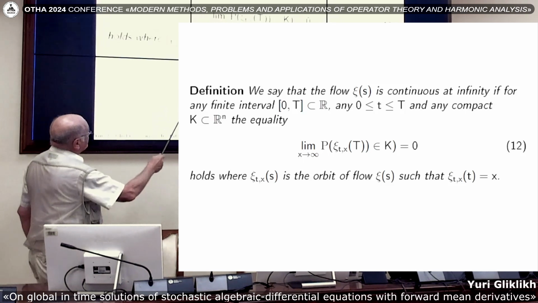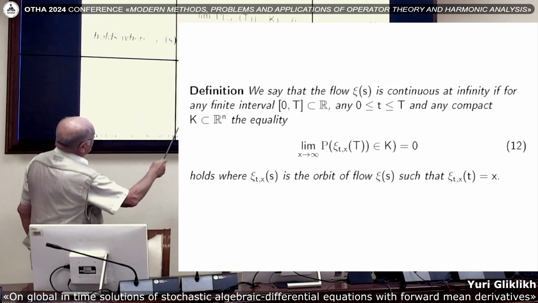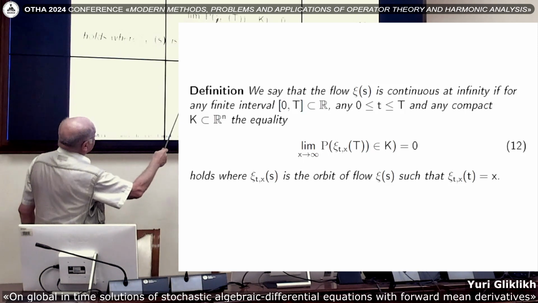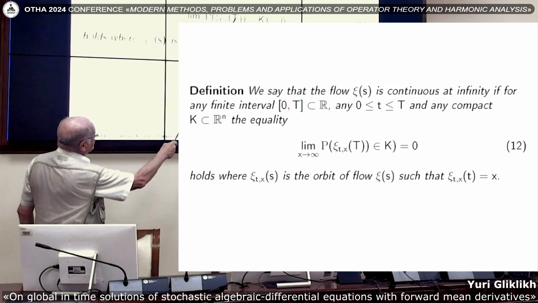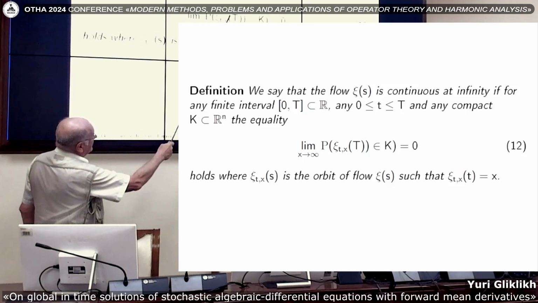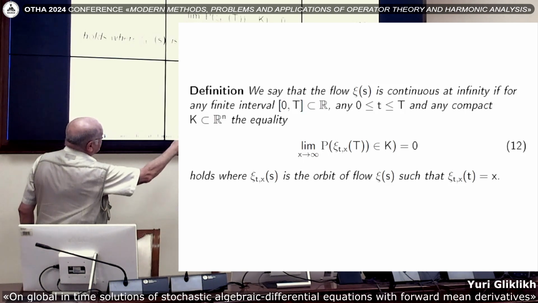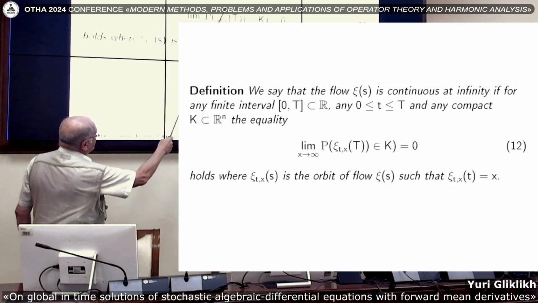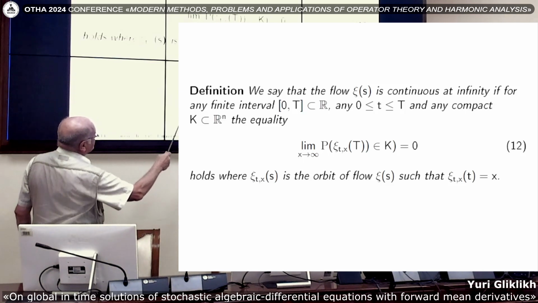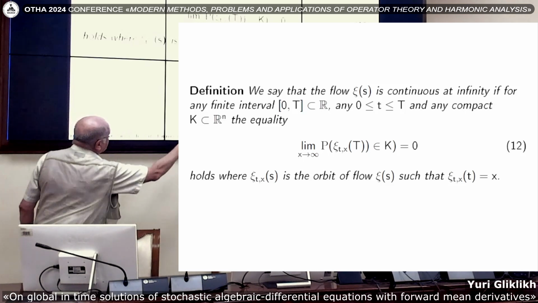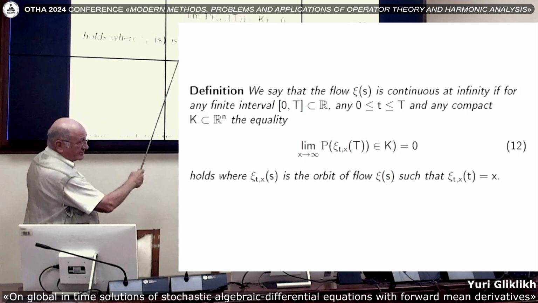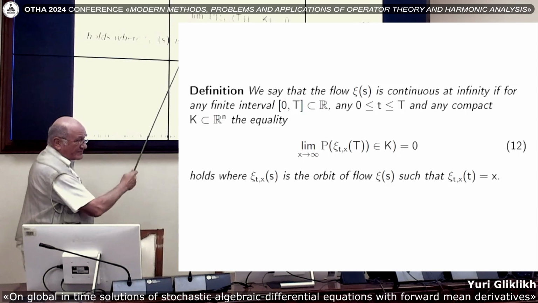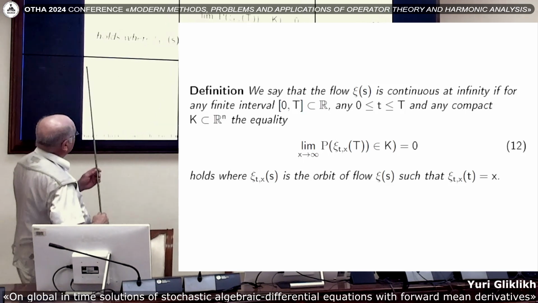You see, the probability that the orbit psi of t, x, at a finite element of our interval, belongs to K, the probability that this random element belongs to K, equals 0 as x goes to infinity.